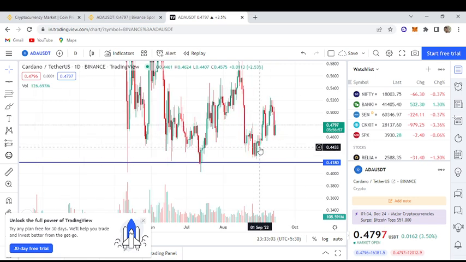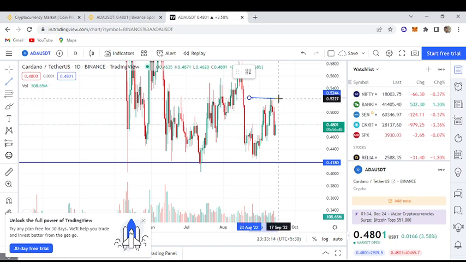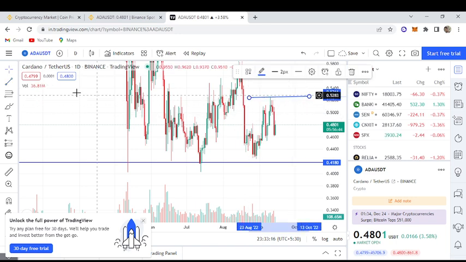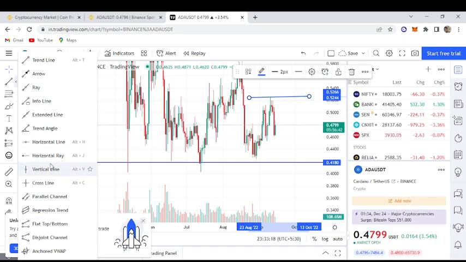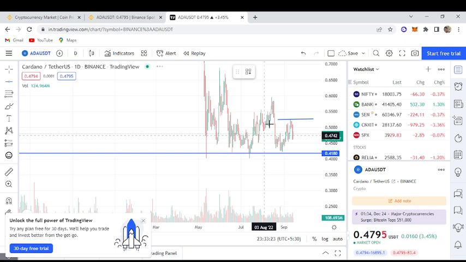Unfortunately, we don't have any support level below that, and the current resistance you can see is a little bit here. Not a big resistance there, but a big resistance around maybe this position.